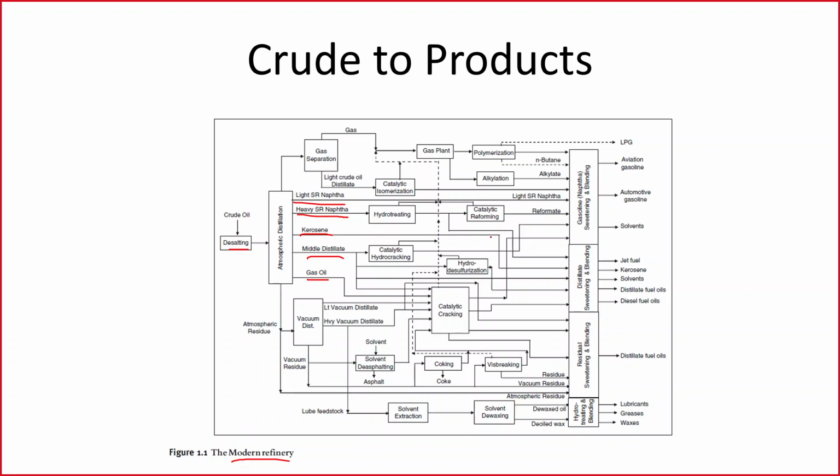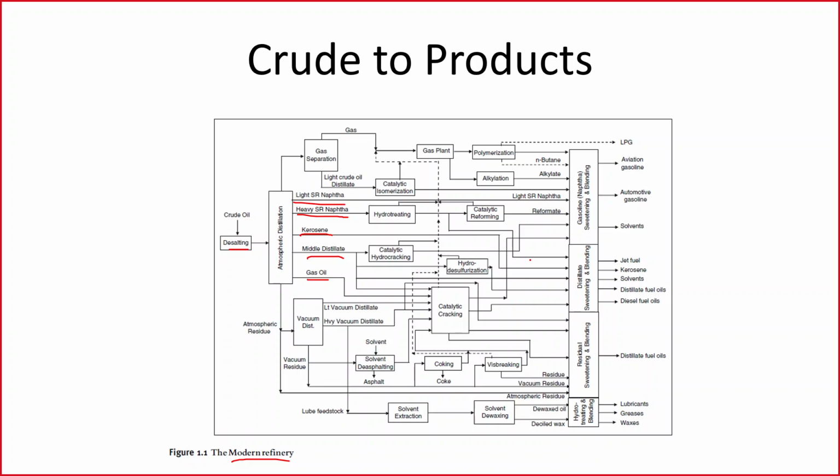And then this kerosene can also go directly to jet fuel blending. And then this middle distillate, they can also crack it to make some gasoline as well, or they can just crack it to get some more diesel product out of it. So depending on what we require or what the economics are that we can get.